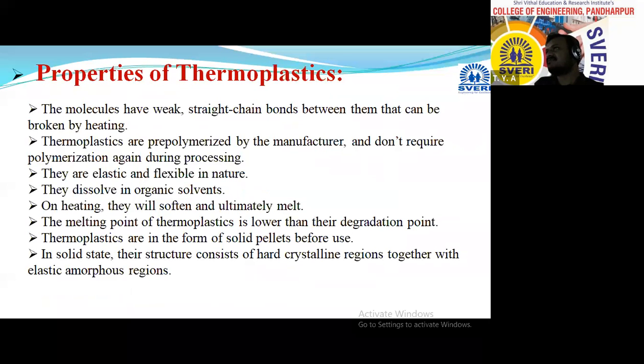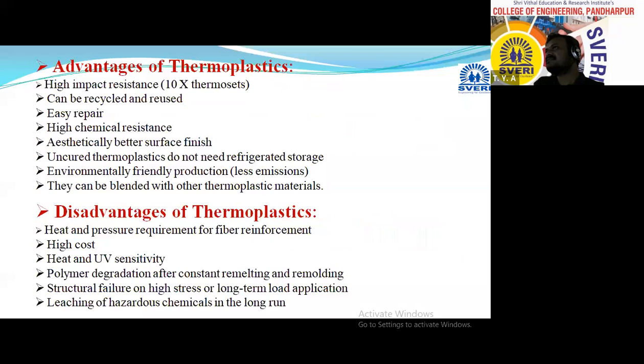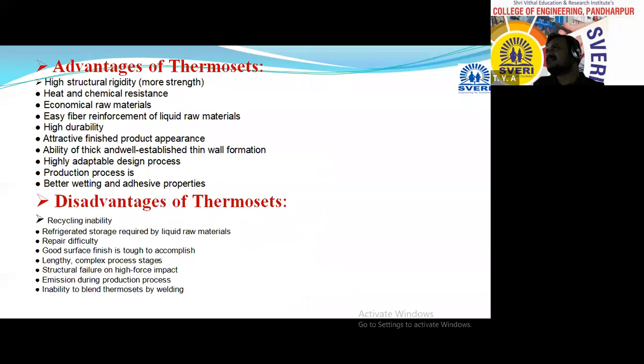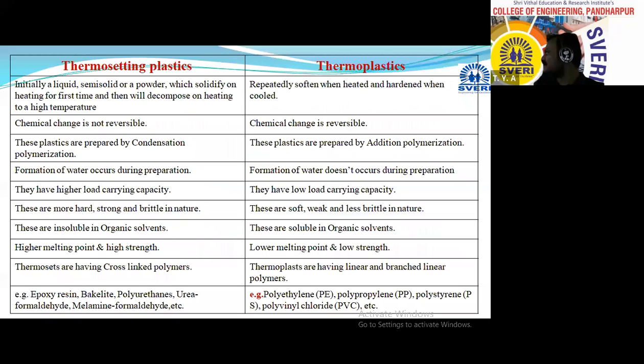And the classification part, properties, advantages, disadvantages, comparison. I have already made the PPTs in such a way that you will find them very easy, like writing notes. Comparison: this much of an answer is sufficient. I have taken almost 9-10 points. If you write 4-5 points in your theory question, this is sufficient.